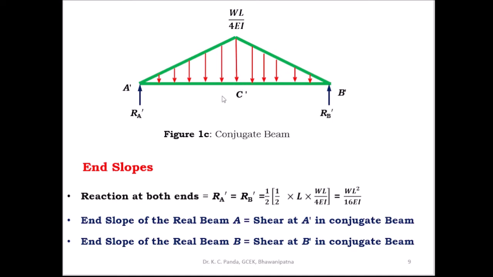So here you have to take the moment either from the right side or from the left of the section. So RA dash into L by 2, minus the area of this one, half into L by 2 into WL by 4EI, into the centroidal distance, which is L by 2 into 1 by 3.